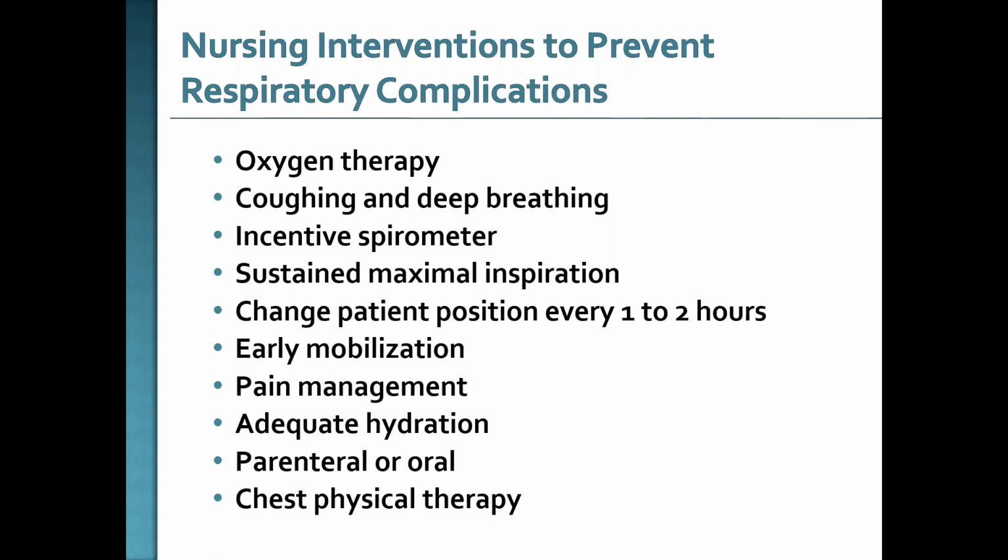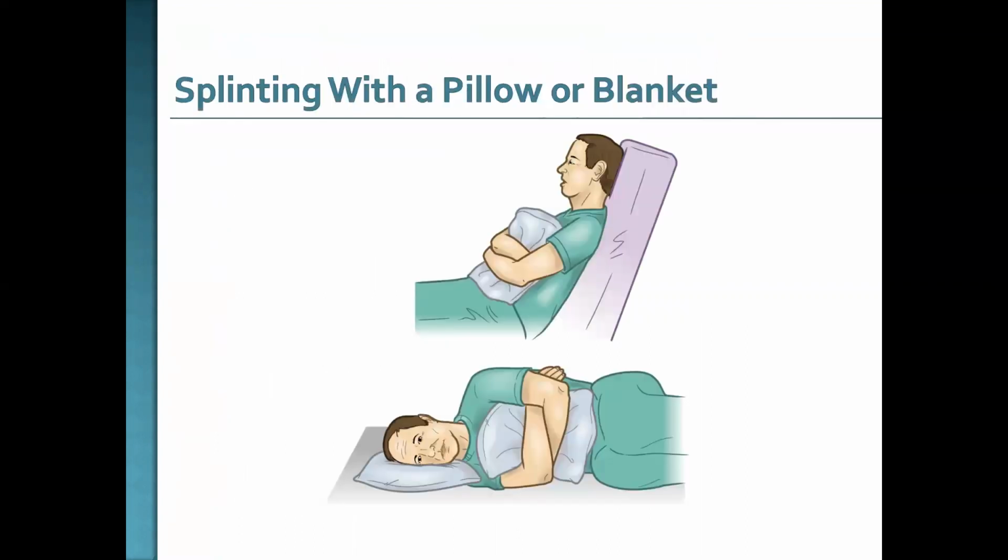Ensure that the patient is adequately hydrated, which helps thin thick secretions or prevents thick secretions, and it maintains integrity of the mucous membranes. Chest physical therapy mobilizes secretions. A patient may need to use a pillow or a rolled blanket for support when they are doing effective coughing if they have an abdominal incision from abdominal surgery.